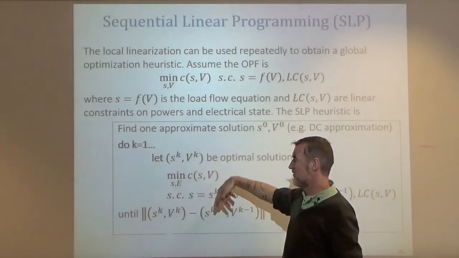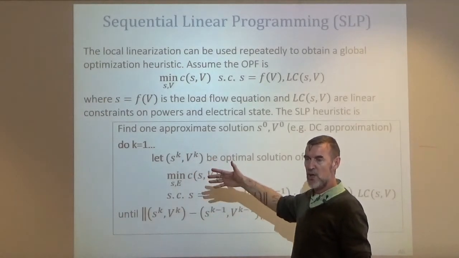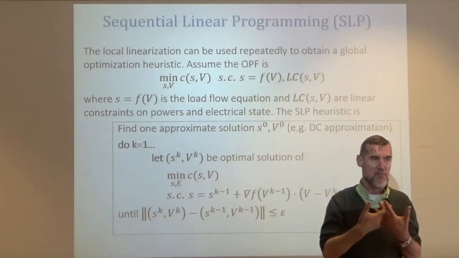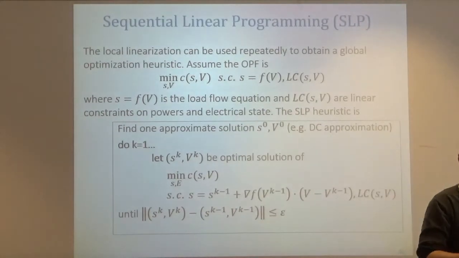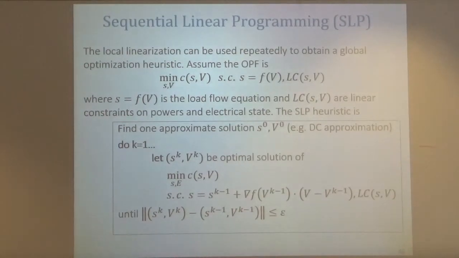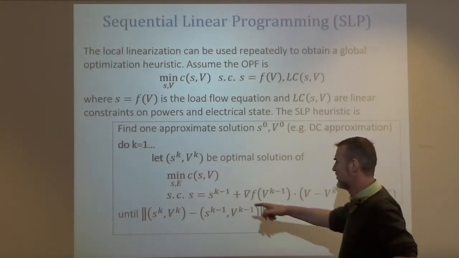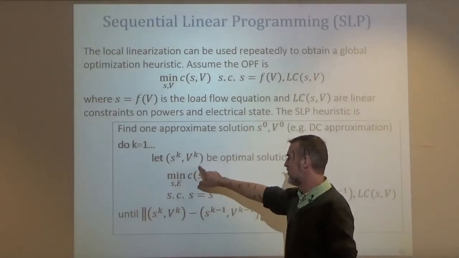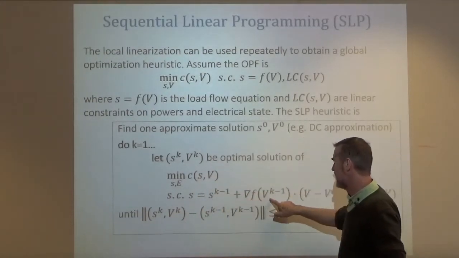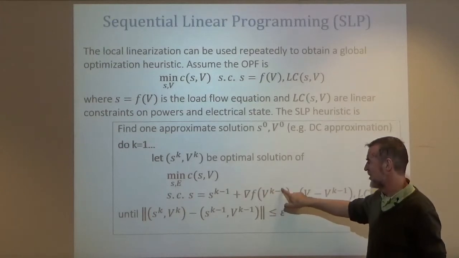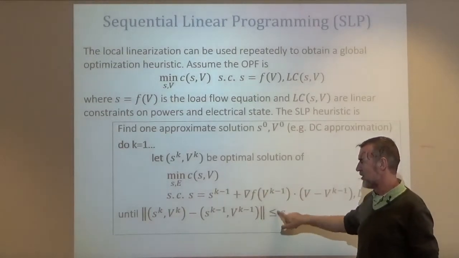And then the idea of this iterative method is once I have found an optimal solution of my approximate problem, I re-approximate the problem around the optimal solution that I had found before. So that gives a loop. Solve this optimal problem obtained by linearizing around the previous point, and you iterate.